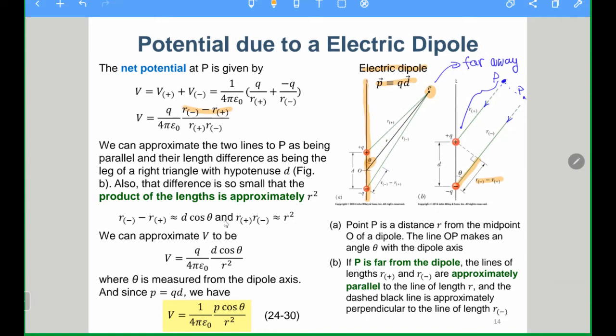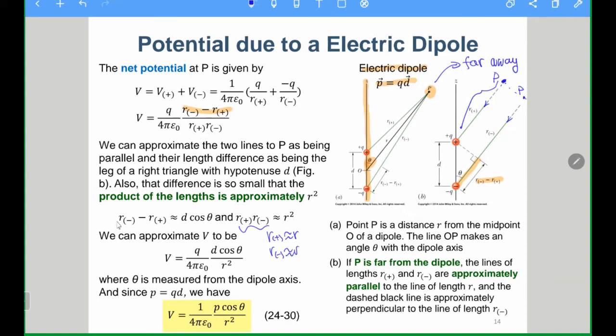And for the denominator, R plus R minus can be approximated as R squared. So for this part, we approximate R plus as approximately R, and R minus as approximately R. But we cannot apply these two for the numerator, because otherwise it is approximately 0, which means nothing.